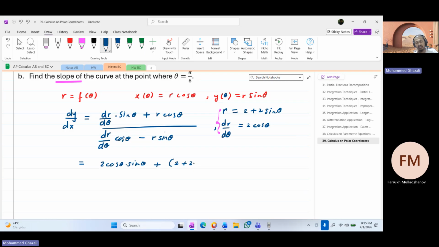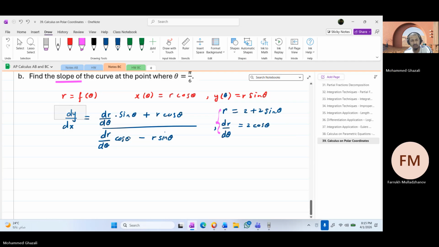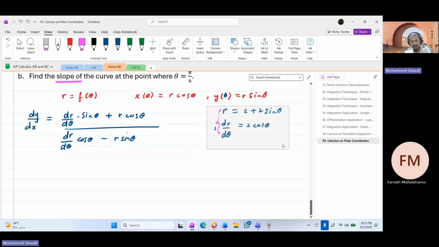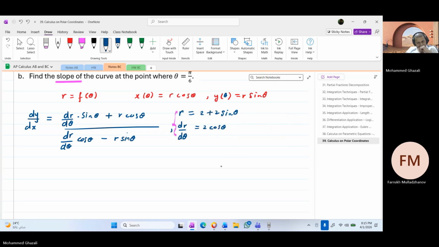You know what? You don't need to do all this, because we are evaluating this at pi by 6, which is 30 degrees. So r of pi by 6 is 2 plus 2 sine pi by 6. What is sine of pi by 6? It's a half. So that gives me 3.